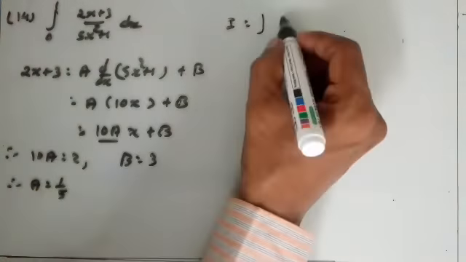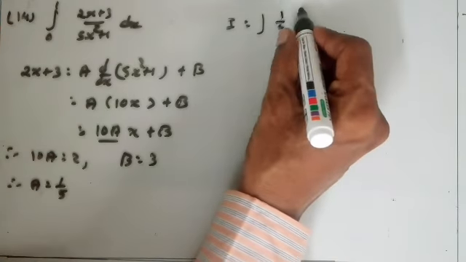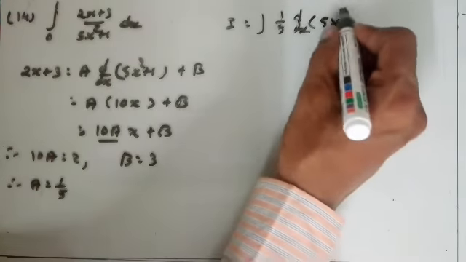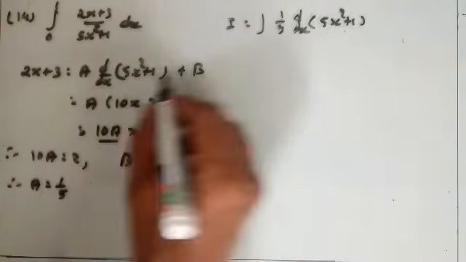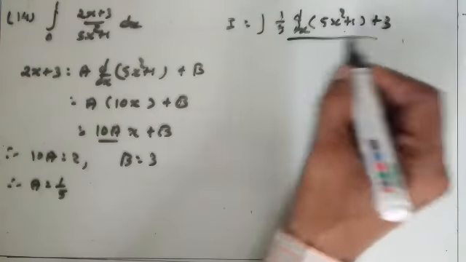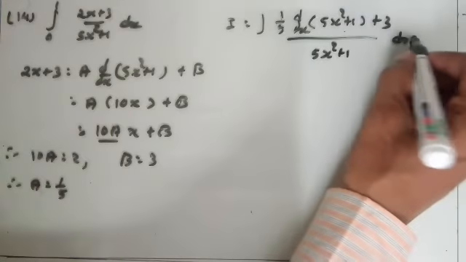Here a is 1 upon 5, times d/dx of (5x² + 1), plus b, which is 3, upon (5x² + 1) dx.